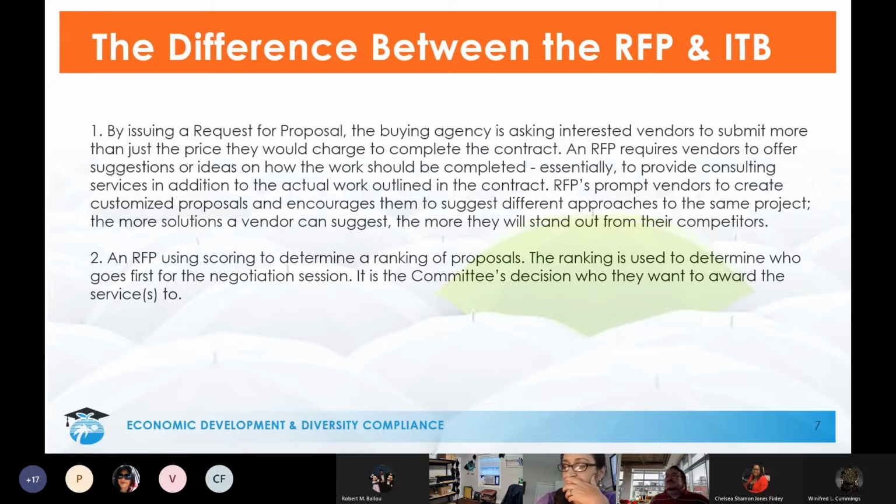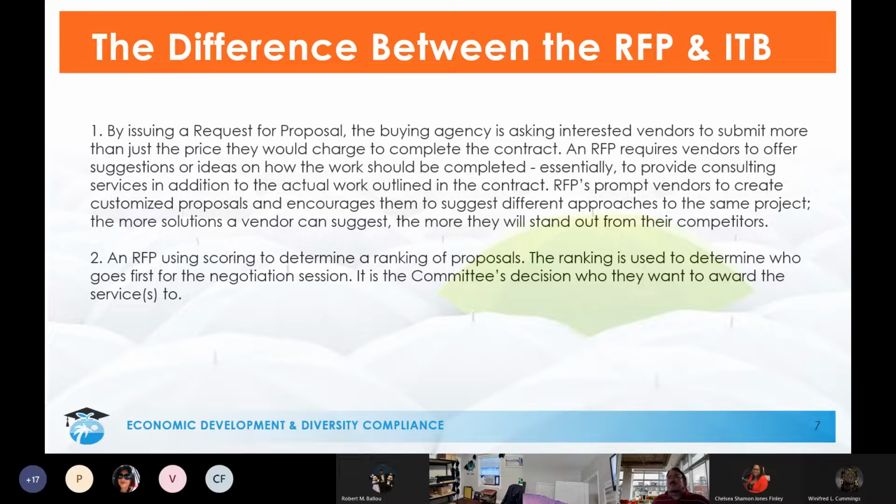An RFP uses scoring to determine a ranking of proposals. So basically, what makes an RFP different from an ITB is we use scoring to help us determine the ranking of proposals, whereas in an ITB, price is the most important, and also meeting the terms and conditions of the ITB. The ranking is used to determine who goes first for the negotiation session.